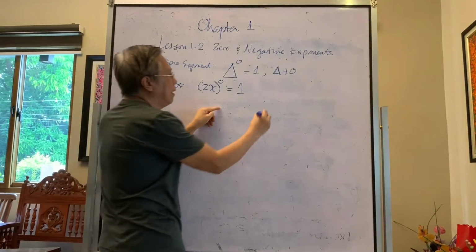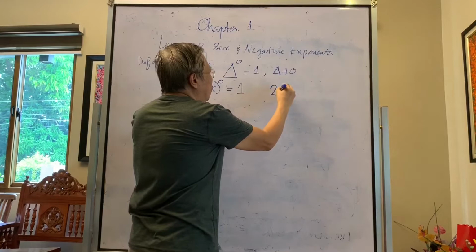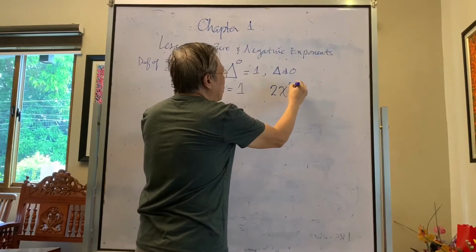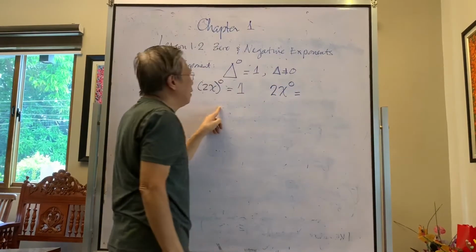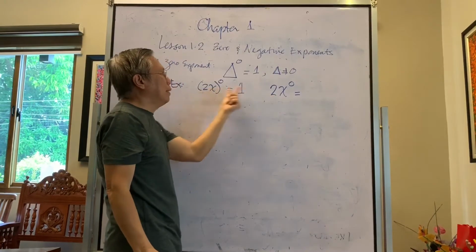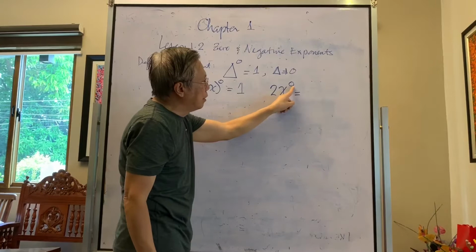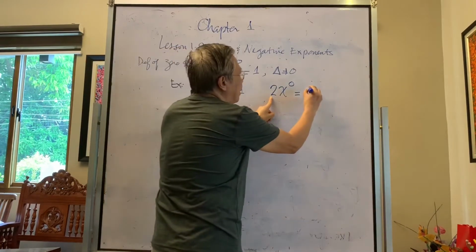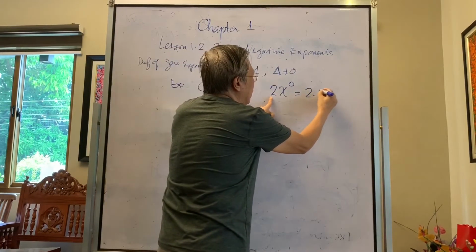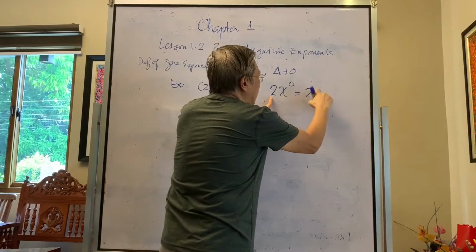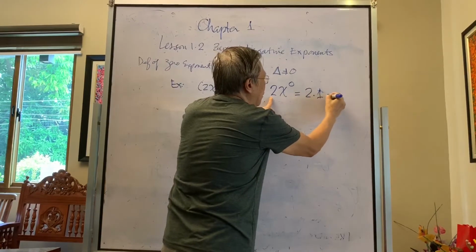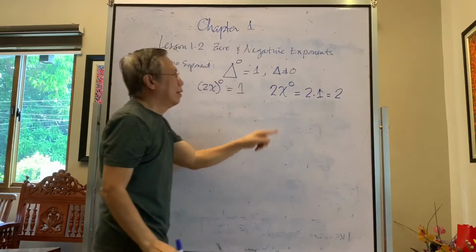Okay? Next example, suppose we have 2(x to the 0). Here we notice the difference between this and this is that only this algebra expression x is raised to the 0, which means 2 will be rewritten as is, and then this will be equal to 1, or this will be equal to 2.